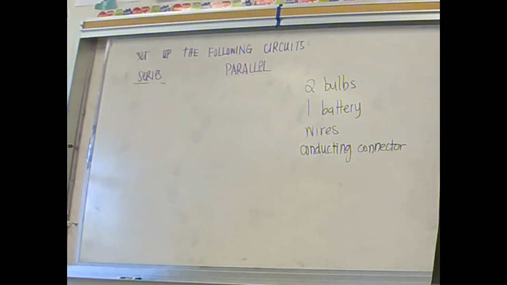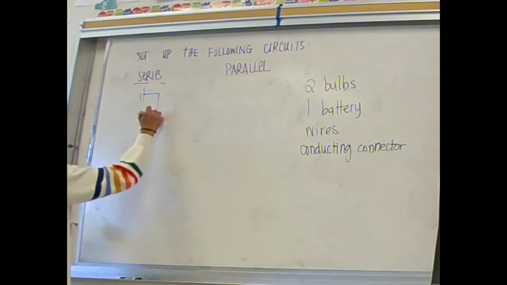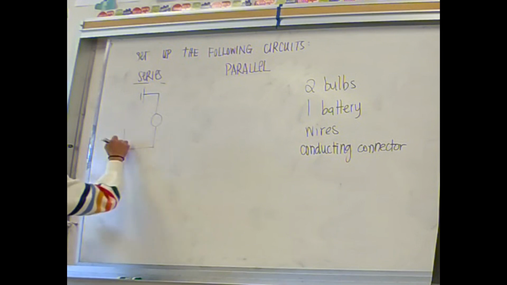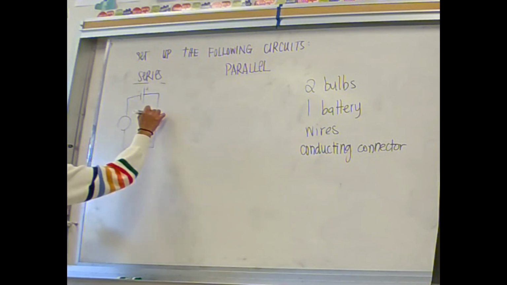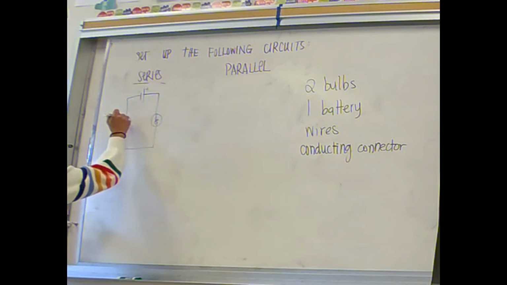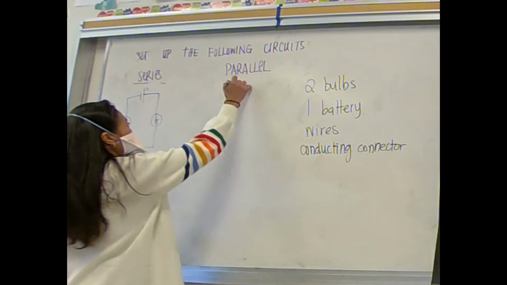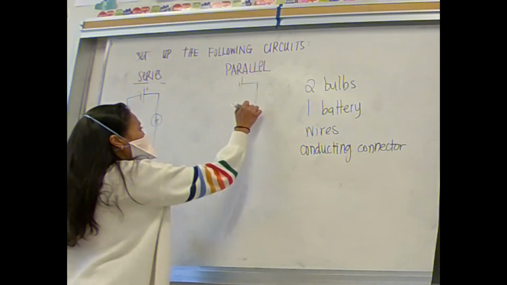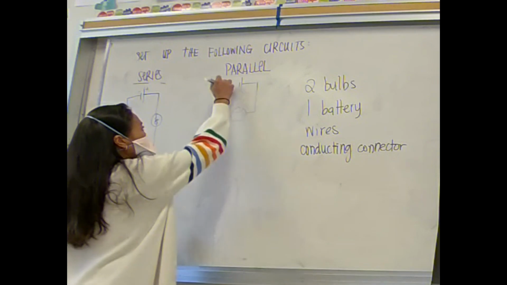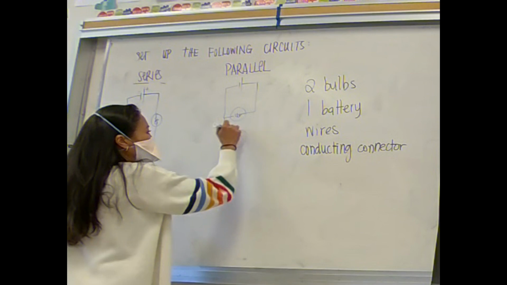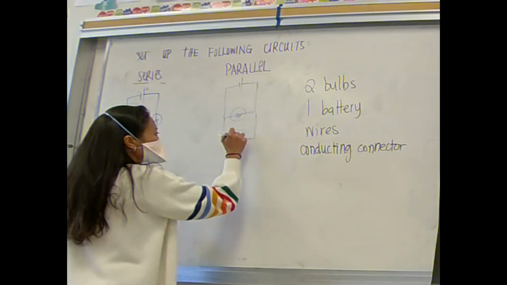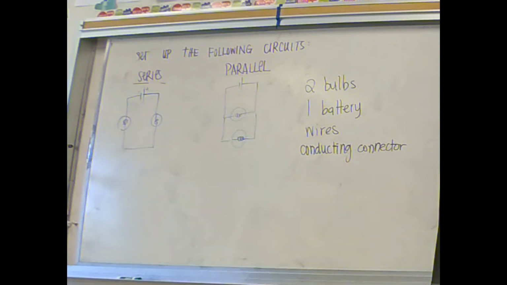But the two things I want you to really focus on is one series and one parallel. So here's my battery, here are my bulbs in series, and then if I had it in parallel, I would want to make sure I have individual loops connected to my battery.